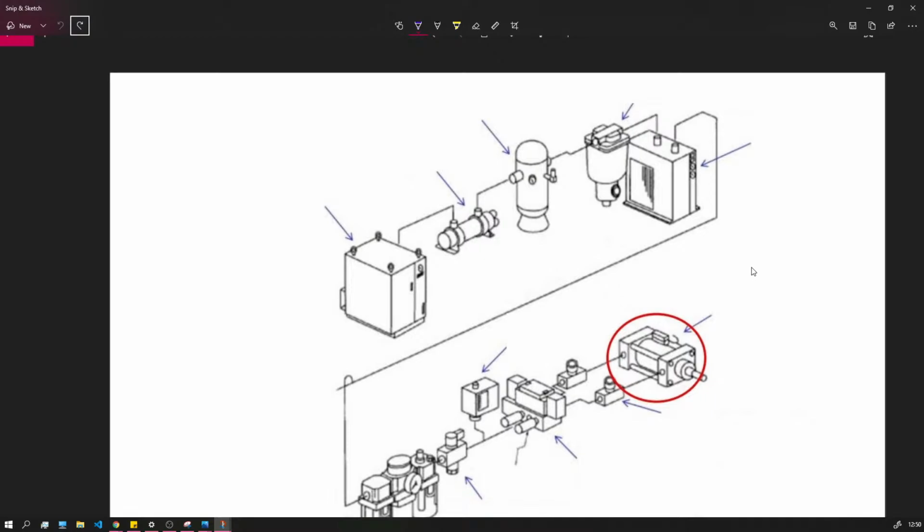It can even be just a blowing device, like a pistol-like device for blowing. Anyways, the idea is that in the end of the system we consume the energy.